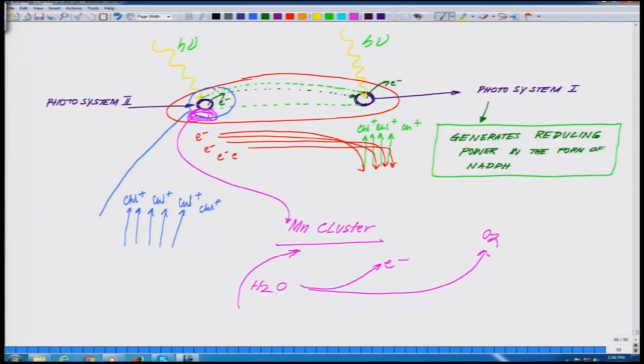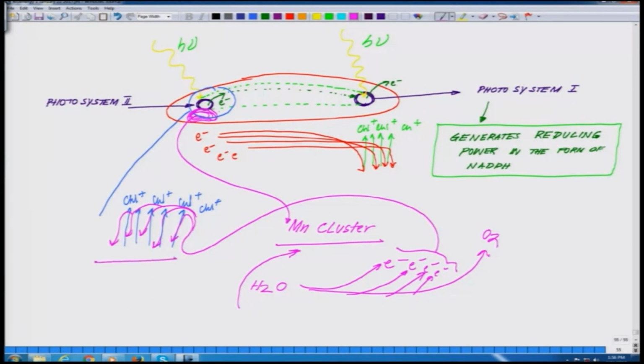So, this is that electron or the family of electrons which are ejected out by the water splitting, are the ones which bring the chlorophyll molecules of photosystem 2 to their ground state. So, this is PS2 and here you have PS1. Okay.